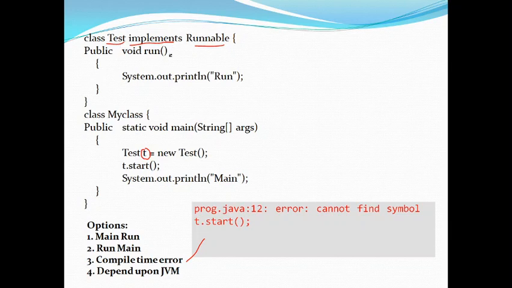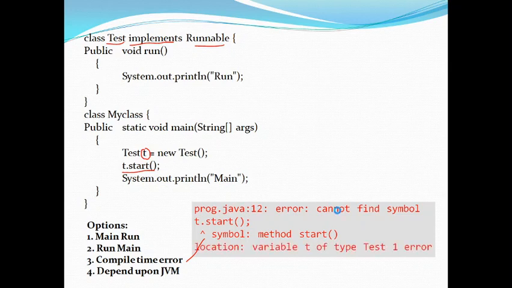In the test class, can we have any start method? No. Without a start method in the test class, if you call t.start, the compiler generates the error: cannot find symbol.